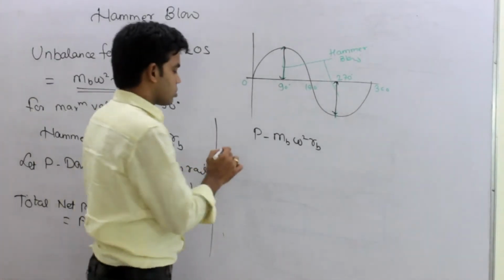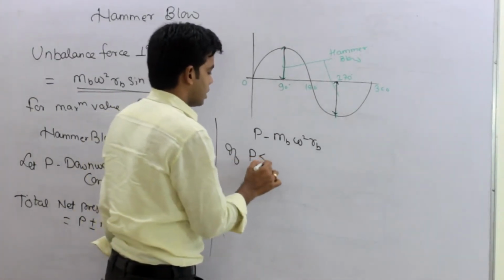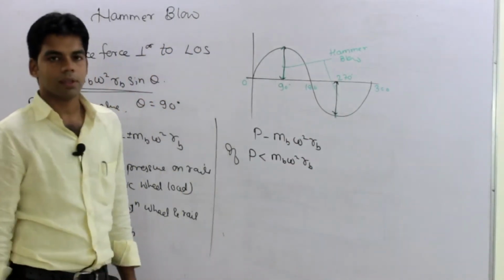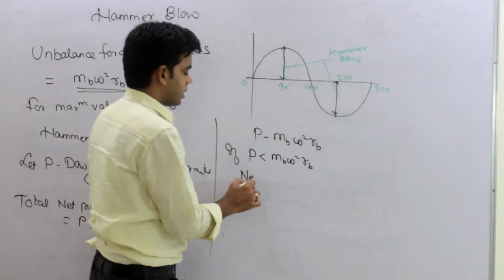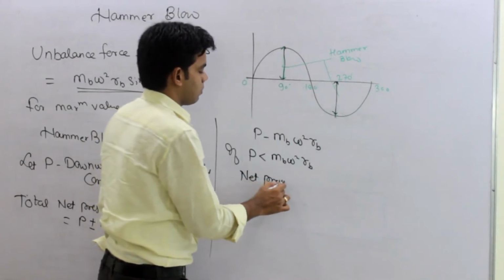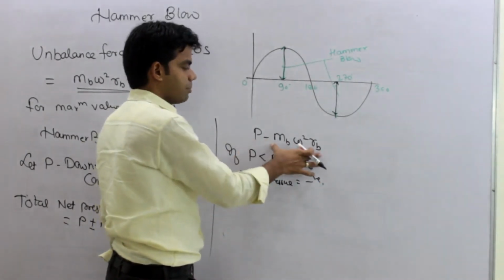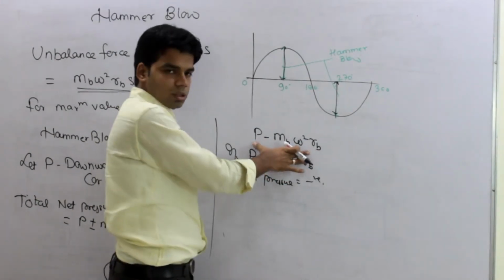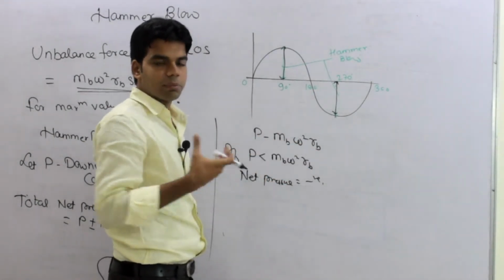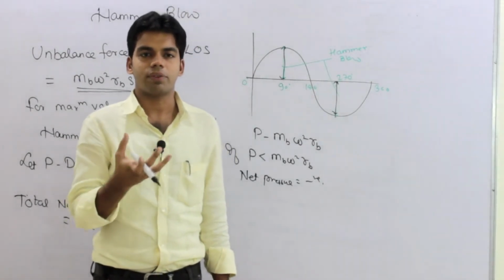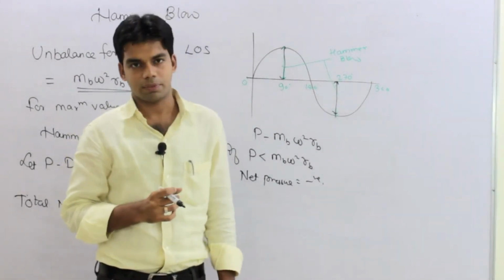In this case, if P is less than m_b omega square r_b, then this net pressure will be negative. Getting this or not? If the net pressure acting on the rails is negative, that means the wheels will be lifted from the rails.